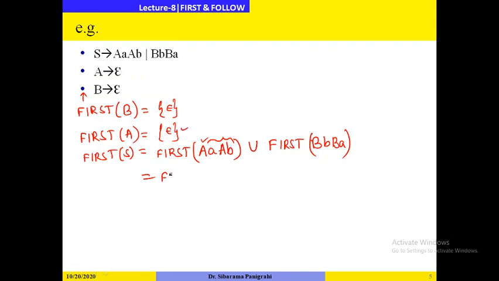So here what will I write? First of A minus epsilon union first of B union. For this one what will you do? First of B. Okay, let me erase it.